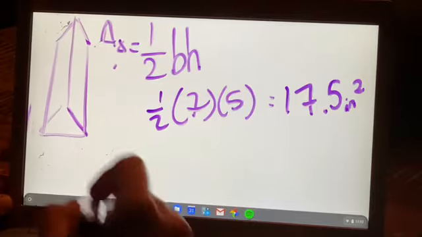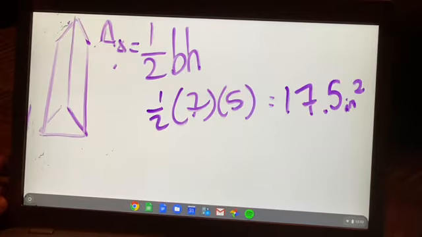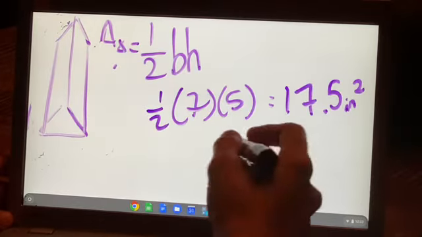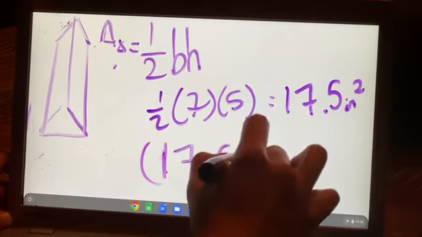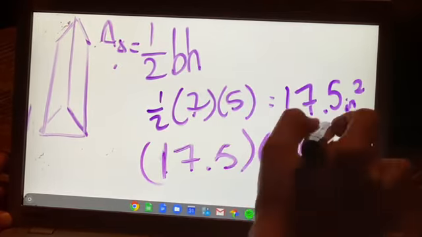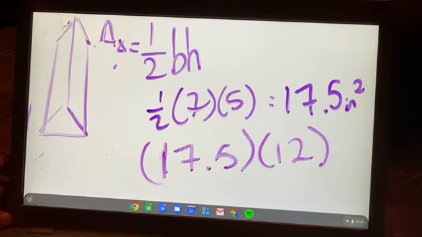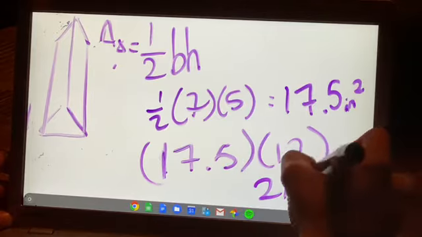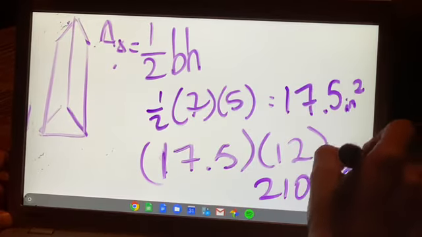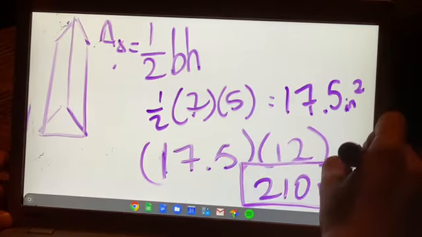The height of the entire 3D figure is 12 inches. So I'm just going to take the 17.5 times 12, and 17.5 times 12 is 210, and then it's inches. Now it's cubed, guys, because we have 3 dimensions, volume.